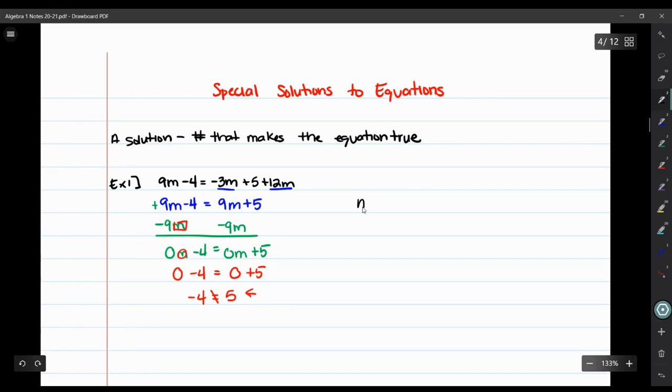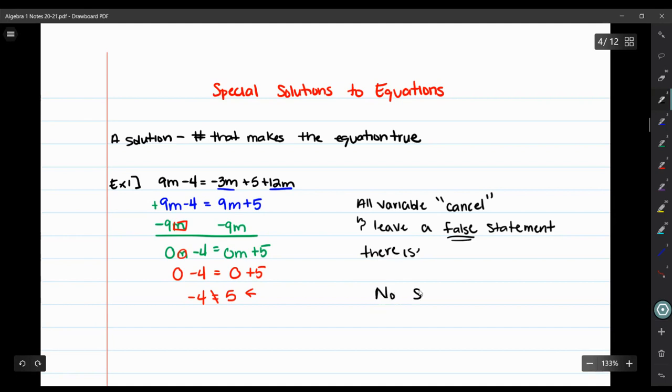When all variables "cancel", I'm going to put it in quotes because they don't really cancel and disappear. We've talked about that. When all variables cancel and leave a false statement, like we have below, such as -4 equals 5, we say there is no solution.